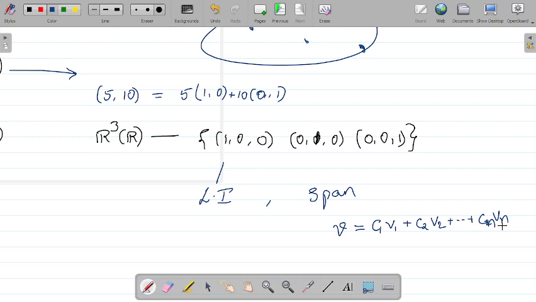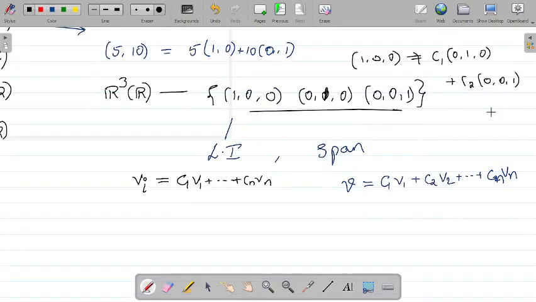For example, if you look at this set, 1 0 0 cannot be expressed as a combination of 0 1 0 and similarly 0 0 1. Then I can clearly say that this element is independent of these two. Similarly, you can think about the rest. You cannot find any element which can be expressed as a combination of others. Then I can say that set is linearly independent.